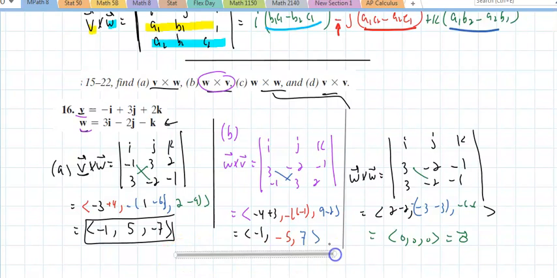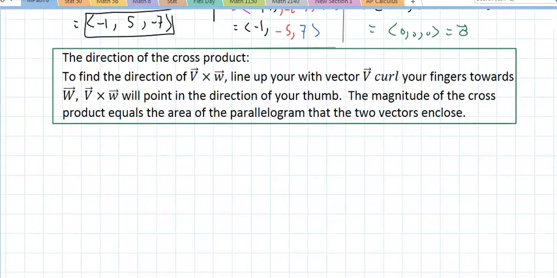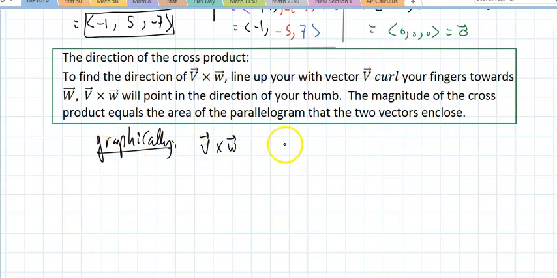Now we want to look at a slightly different problem. Now graphically. V cross W, assume the angle between those is less than 180 degrees.